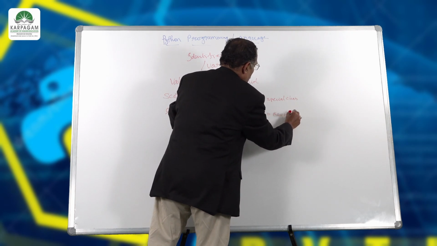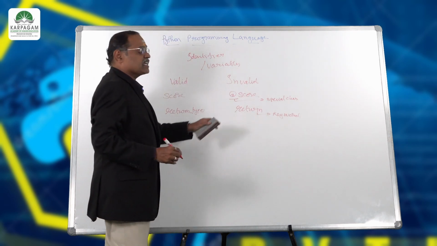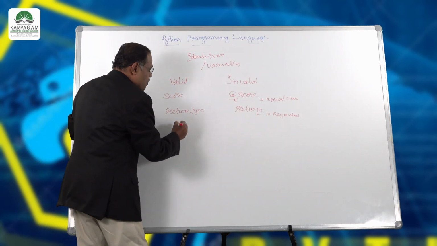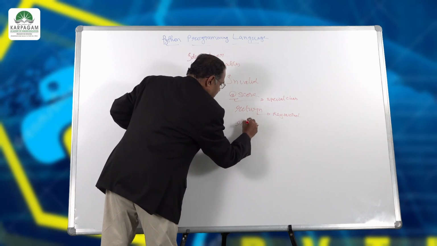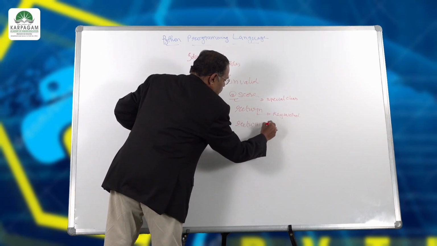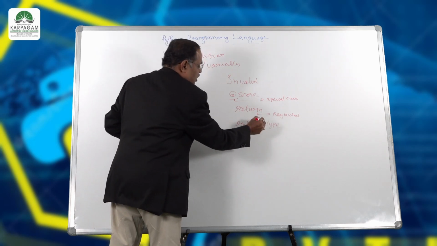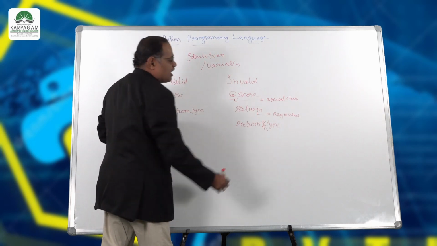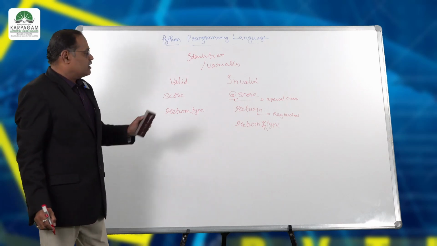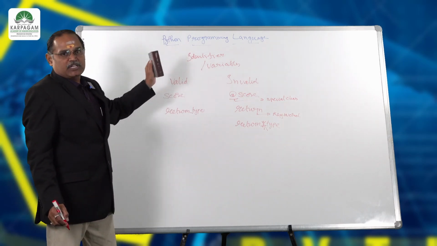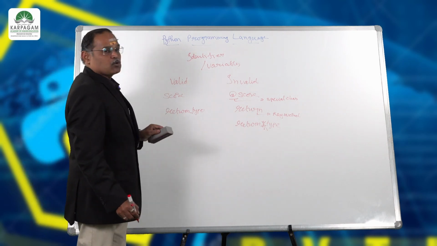So we are not supposed to use a keyword or special characters within the variable. Then if I am writing like this, return space type, then this is also wrong. White space is not allowed within the variables. These are some valid and invalid examples of variables. Then what are the naming rules we have?